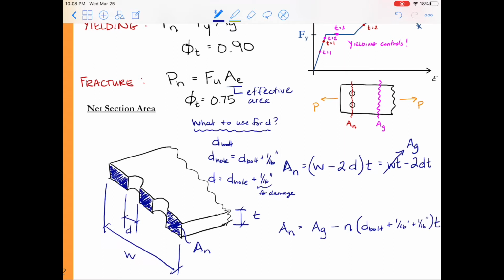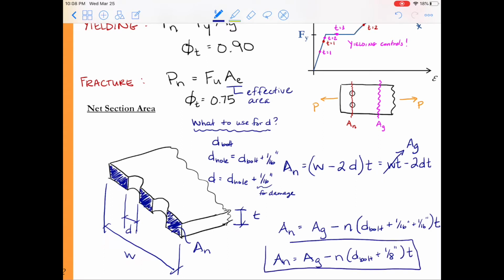And so that gives us a final result that the net section area is equal to the gross sectional area minus N times the diameter of the bolt plus 1/8 of an inch, times the thickness. Alright, so let's explore more about these extra additions.